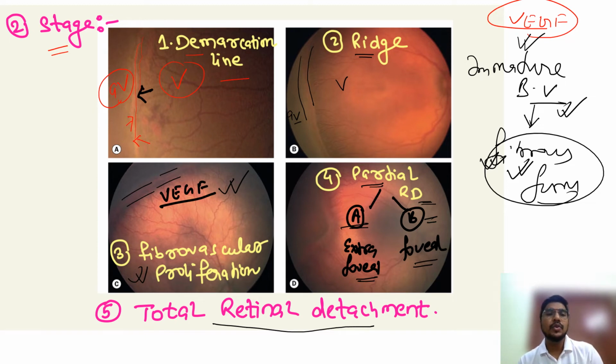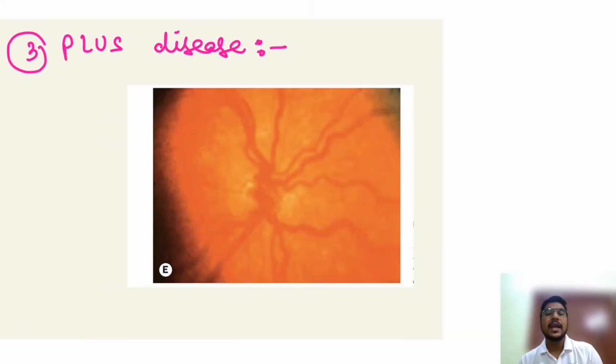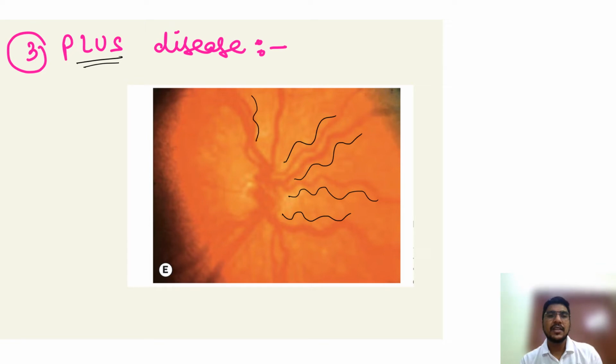Now coming to the very important thing, that besides the zone and stages, we have the plus digit. What does this plus mean? Can you see the vessels are tortuous like this one? Can you see the major vessels are tortuous in all quadrants, right? Here in all quadrants.